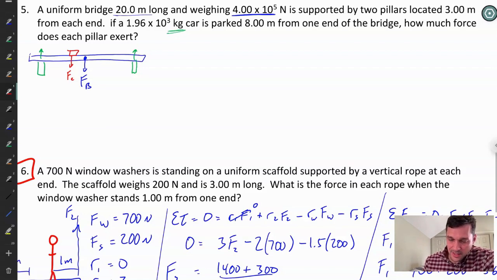How much force does each pillar exert? Well, we've got 4 forces, which means depending on how we configure our formula, we could have as many as 4 torques. But here's the thing about choosing your point of rotation. This thing isn't rotating.